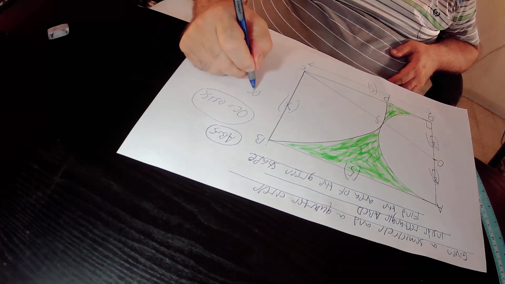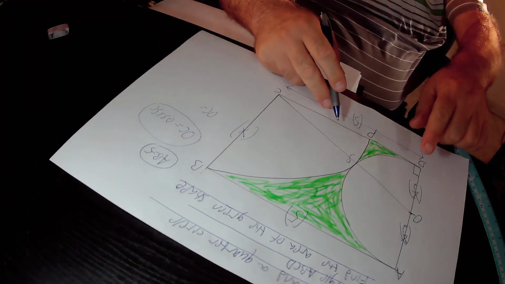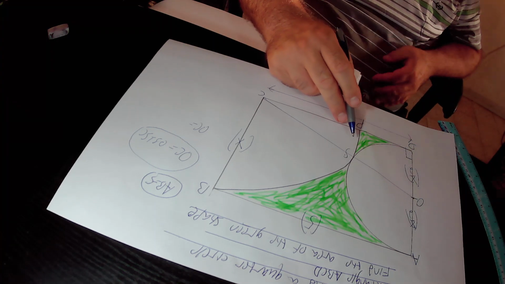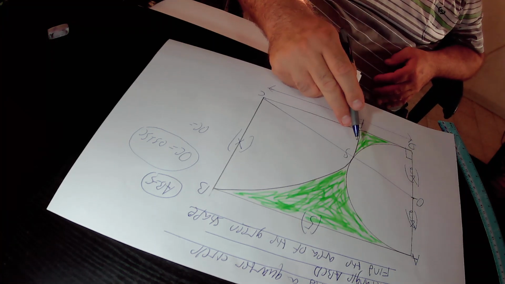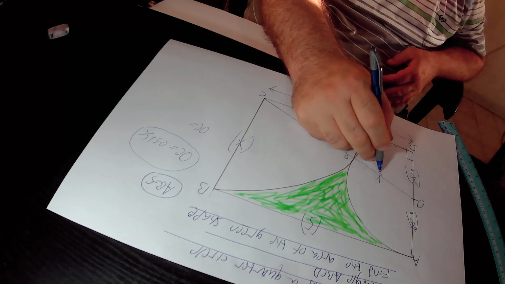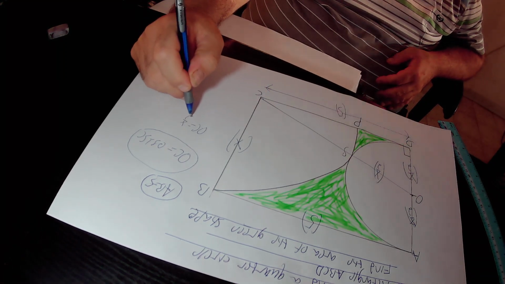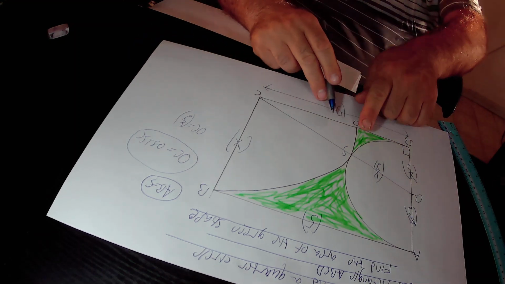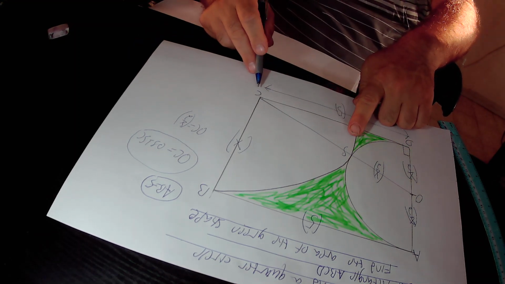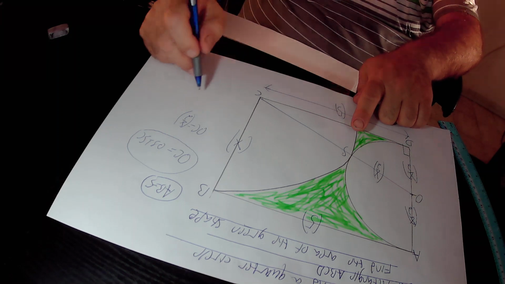So OC equals OS plus SC. OS is the radius of this semicircle, which equals x over 2 units in length. So OS equals x over 2 plus SC. SC is the radius of this quarter circle, that is equal to x.